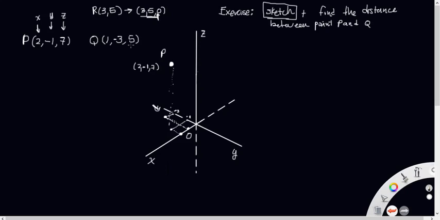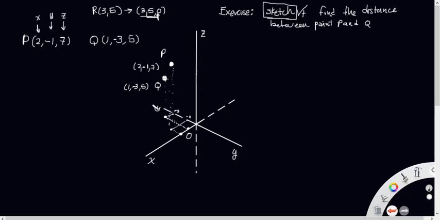And let's go up 5 units in the z-axis. So this is 1, 2, 3, 4, 5. Okay, this is point Q, and the coordinates for point Q are 1, comma minus 3, comma 5. So that way the sketch is ready.